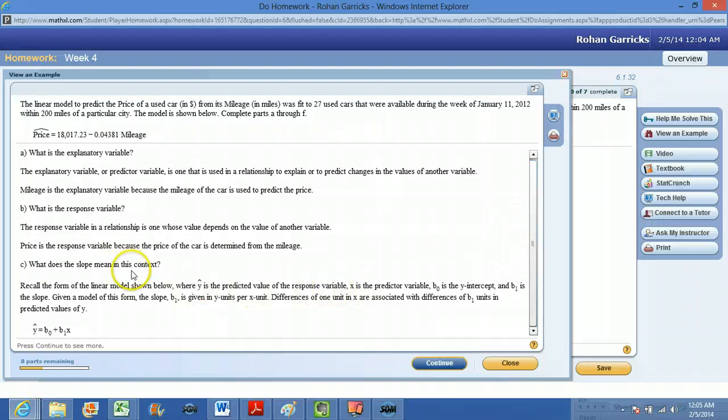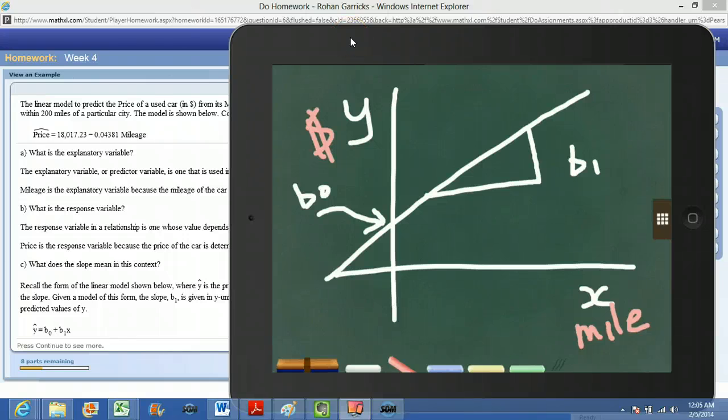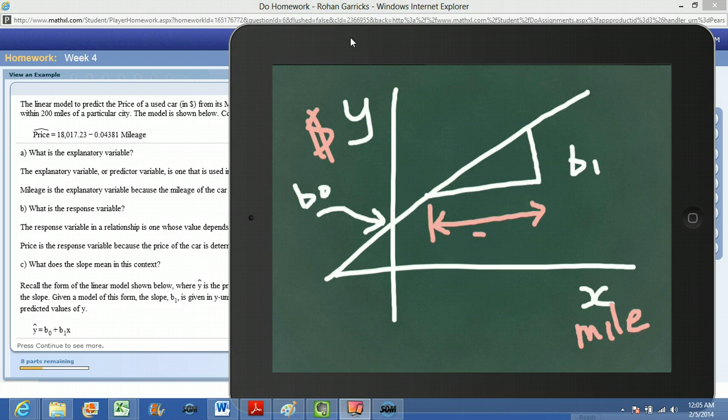What does the slope mean? If you look back at this equation, b1 is going to represent the slope. So b1 represents the slope, and what this means is for each increase in x, you get a corresponding increase in y, and that b1 is really equal to that ratio.